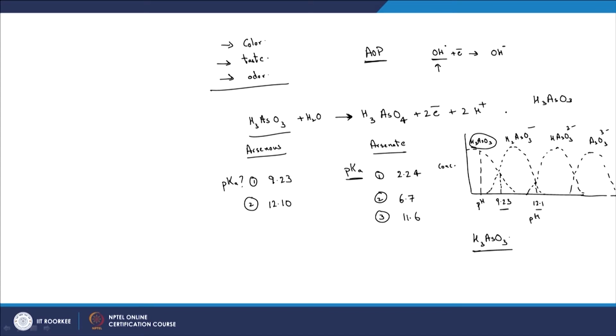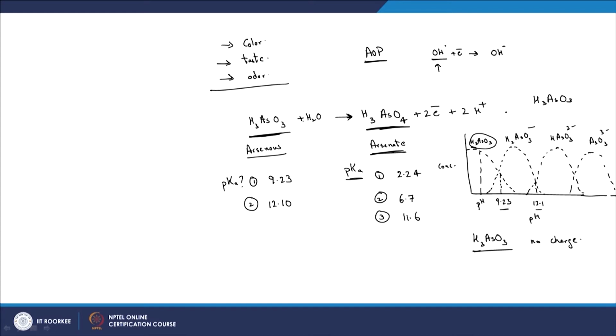And what does that mean now? It has no charge, right? So obviously your ion exchange process would not be feasible here. But if I look at it with respect to arsenate or H3AsO4, the more oxidized form, arsenic here is more oxidized, and here it's relatively less oxidized, right.